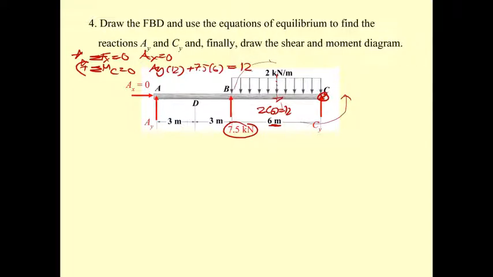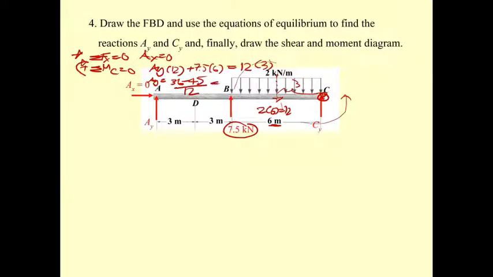So it's 12 times 3. So you get A sub y equal to, this is going to be 36, right? And 7.5 times 6 is going to be 45. So it takes the opposite direction, so minus 45 and divided by 12.